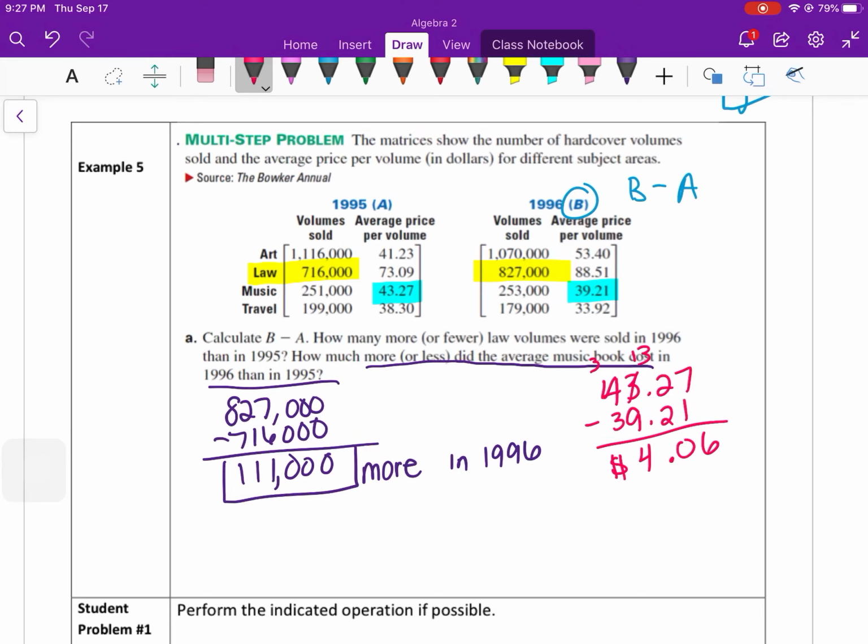Again, the cost actually went down. So $4.06 less in 1996. So that was answering the two using the matrices.